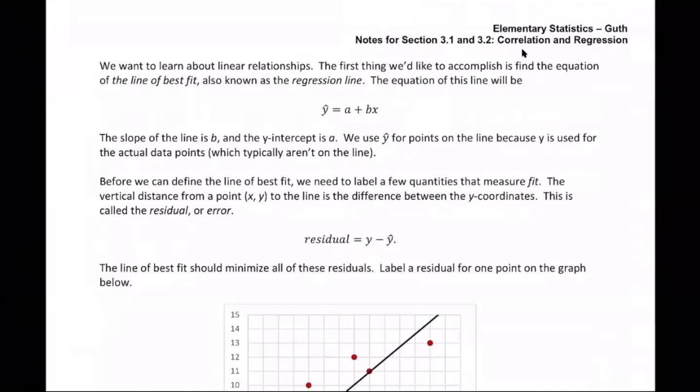We want to learn about linear relationships. The first thing we'd like to accomplish is to find an equation of a line of best fit, also known as a regression line. The equation of the line will be y equals a plus bx. So b is the slope. A is the y-intercept.